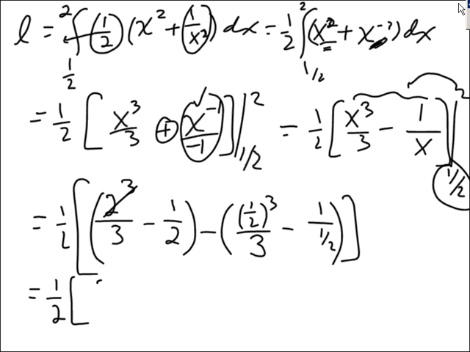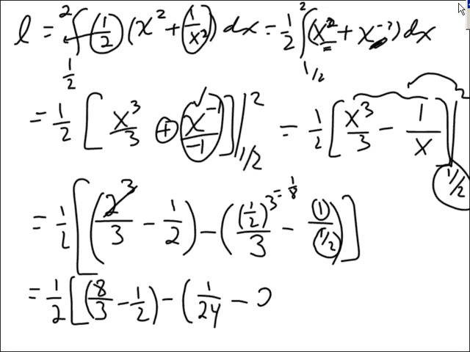2 cubed is 8. I have 8/3 minus a half. Minus. A half cubed is an eighth. Then you divide it by 3. That becomes 1 over 24. Minus. A half goes into 1 2 times. Think about that.